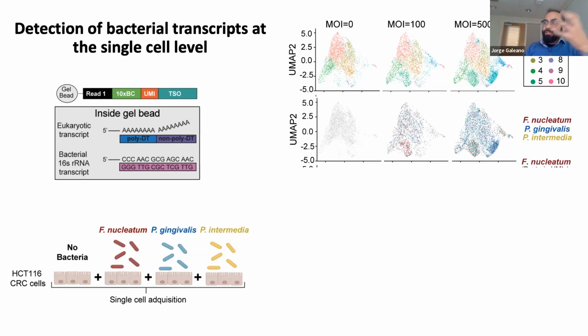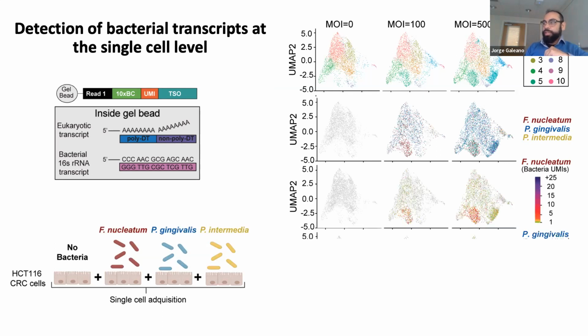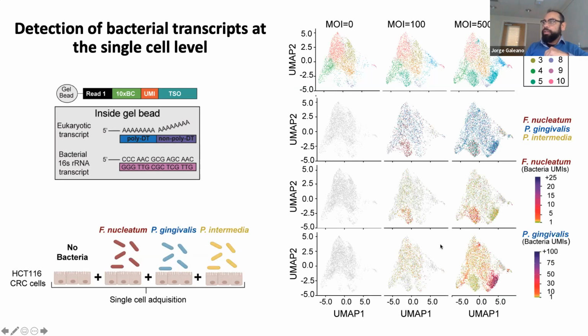By using this technique, because we are adding a primer that can amplify bacterial reads, we can also visualize the distribution of different bacterial communities, like Fusobacterium, P. gingivalis and P. intermedia, which were the bacteria species that we used to incubate with the colorectal cancer cells. And by using the UMI, we can also detect the bacterial load of every single cell. What we found is that F. nucleatum is more associated with cluster 5, and P. gingivalis is correlated with cluster 6.